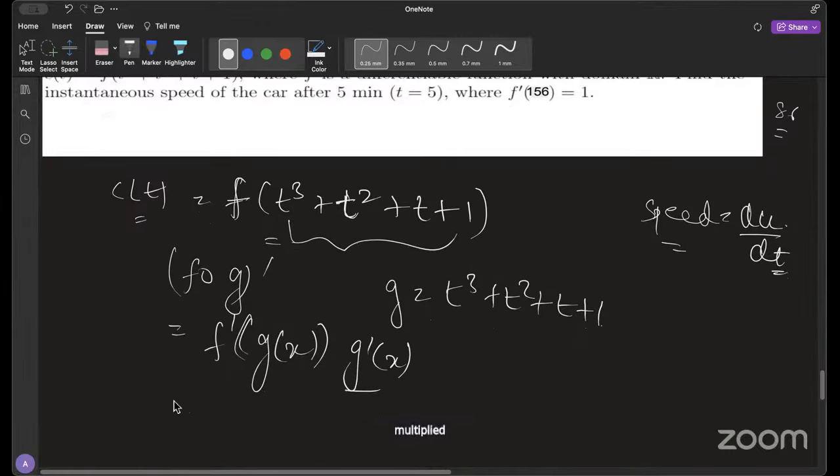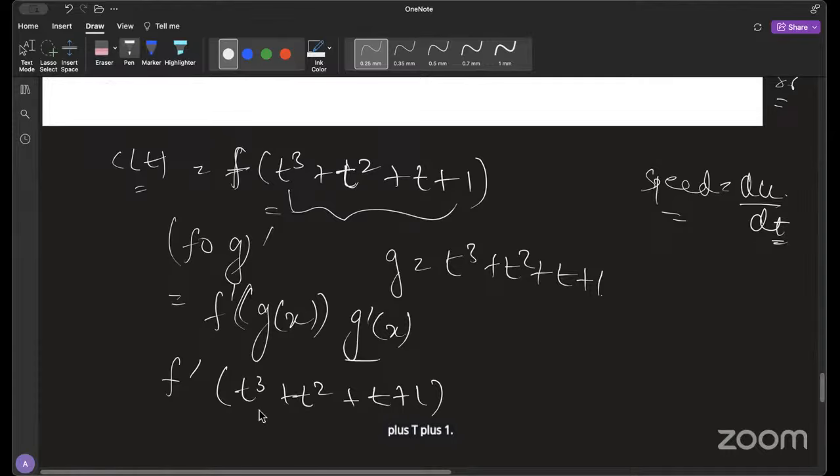So the derivative of f is f dash of t cube plus t square plus t plus 1. And then the derivative of g is 3t square plus 2t plus 1.